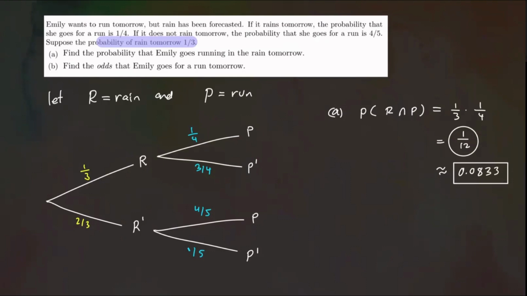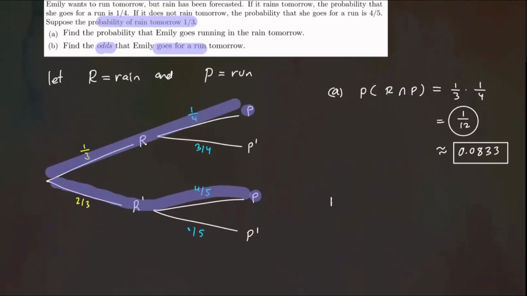Now for the second part, we want to know what are the odds that Emily goes for a run tomorrow. So, odds for the event that she goes to run. Run is represented by P, so we're interested in this branch and also this branch. To find the odds, you have to remember the odds for an event.